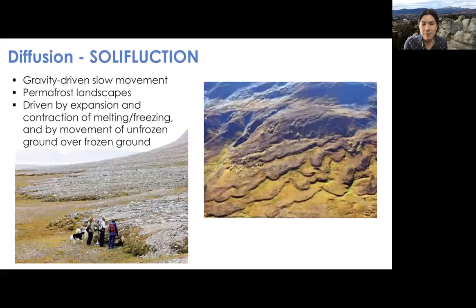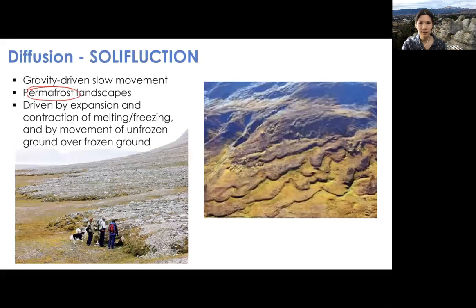Related to soil creep, and maybe not something we'll see here, but if you're in more polar regions, you would see more often, is a process called solifluction. So this is somewhat similar in that we have movement of the soil downslope by gravity. However, here we tend to see this in permafrost landscapes, and so there's seasonal melting of some of that ice, and that seasonal melting can cause much more rapid movement.